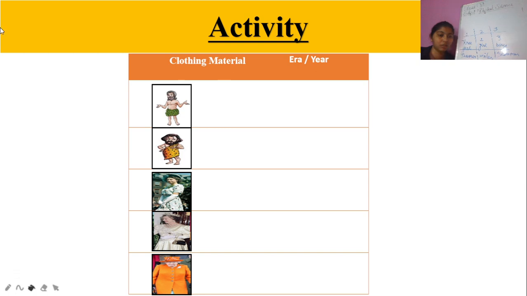Students, where have we seen that when there was no discovery of clothes, we used plants for covering our body, right? Then after that we got animal skin for our clothes, as we were not very comfortable in the leaves.